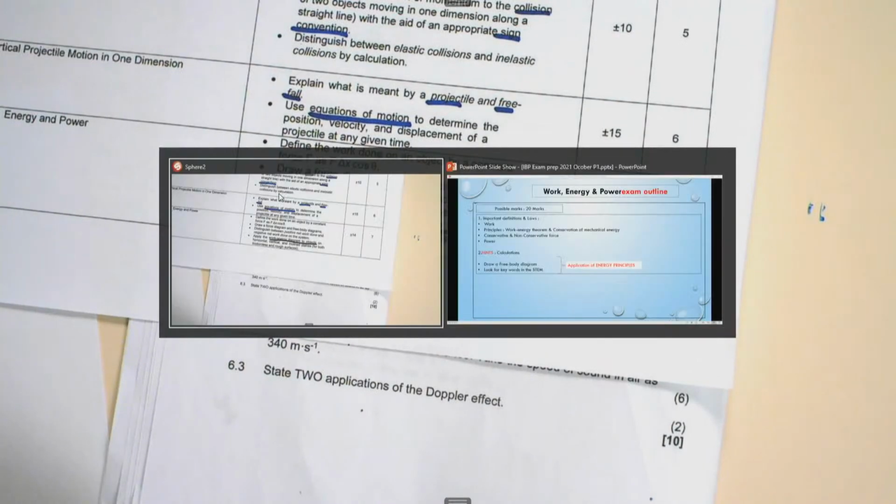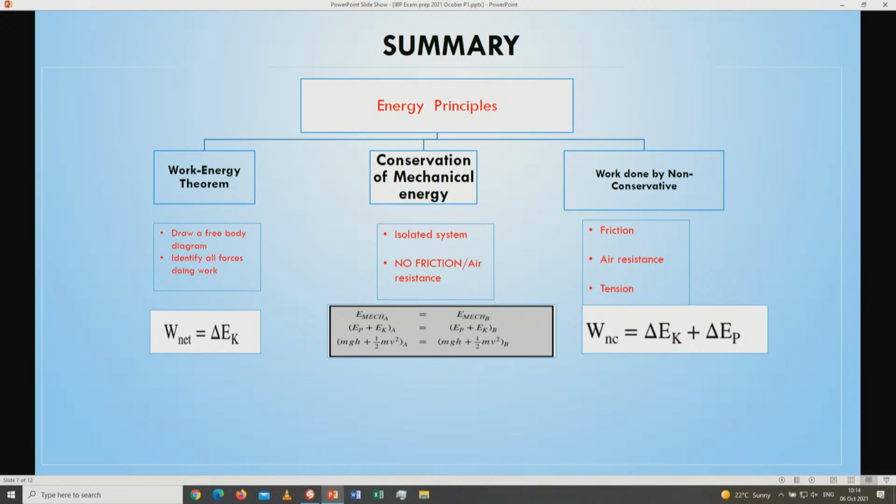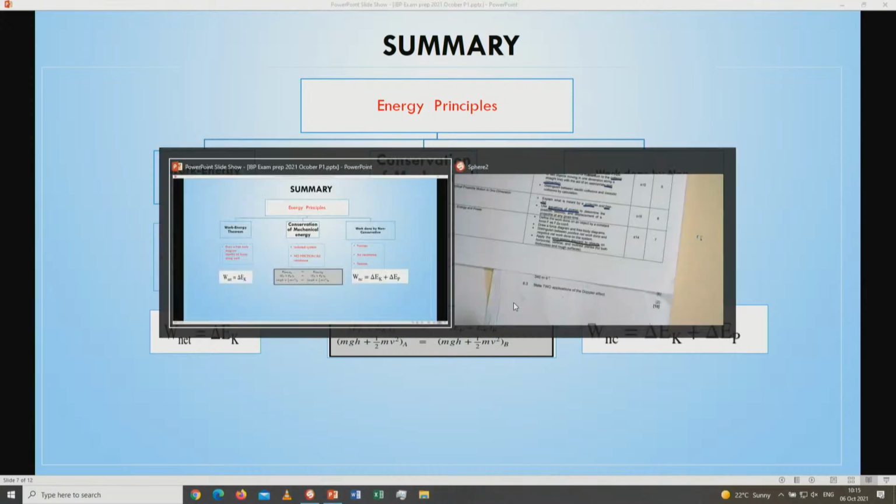But remember, I said it's not going to be specific in that regard because it's the summary of energy principles that we need to look into. So once I know which energy principle to address, which energy principle to focus on, everything becomes nice and clear. So kindly be on the lookout that you are able to apply energy principles.